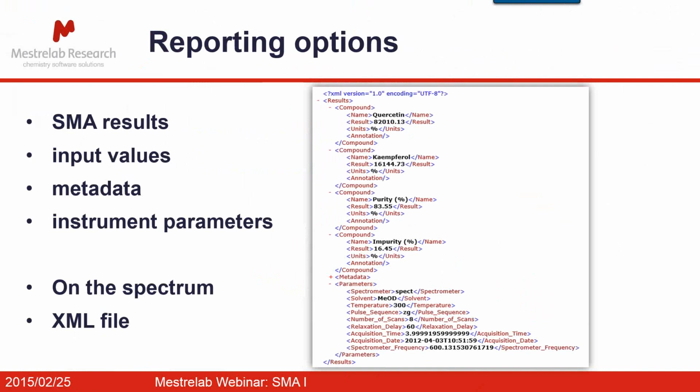So if you have a corporate database where you keep all this type of information, where you say, okay, I've done this particular analysis on quercetin and I've got a result of 83.5%, and impurity level was that, you can quite easily transfer that into your database, and we have collaborators who do that.